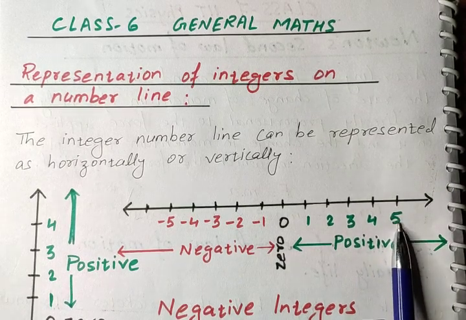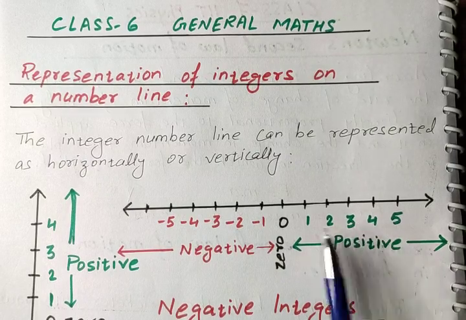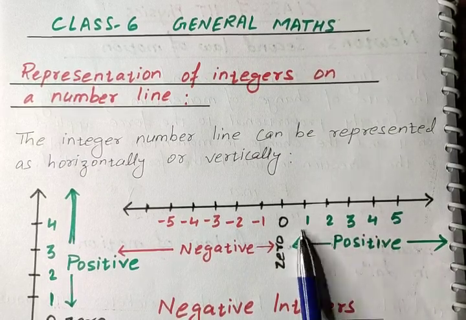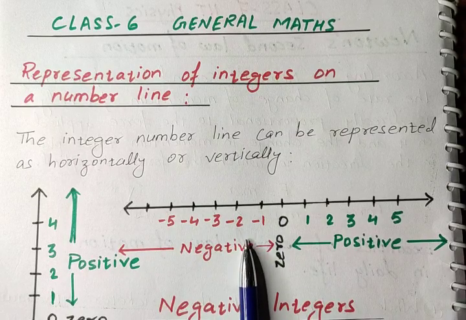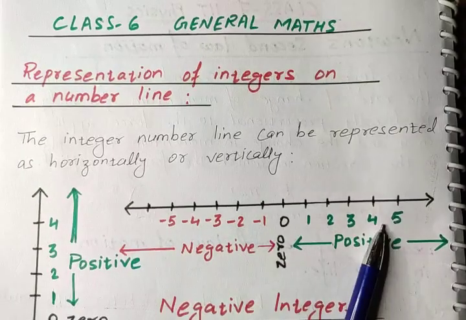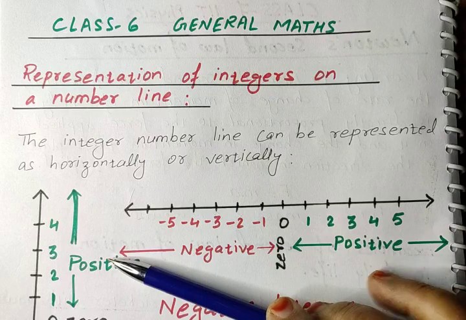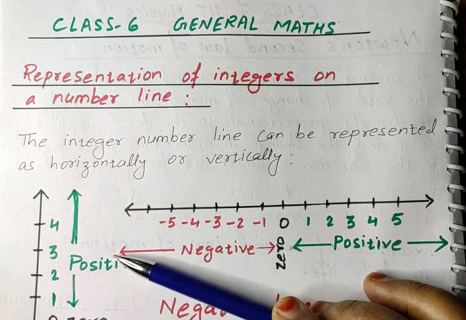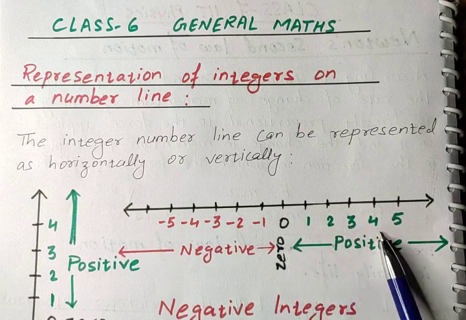You can see 5 is more than 4, 4 more than 3, 3 more than 2, 2 more than 1, 1 more than 0, 0 is more than -1. So on the number line, when we go right side, value increases, but when we go left side, value decreases.